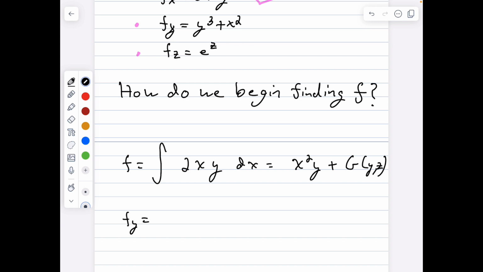You take the partial derivative with respect to one of the other variables you didn't work with, so with respect to y, and you would get x squared plus partial g partial y, and you would set that equal to what fy is supposed to be, which is y cubed plus x squared, and you make up an equation.